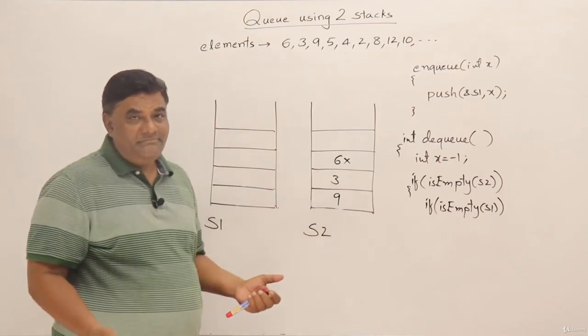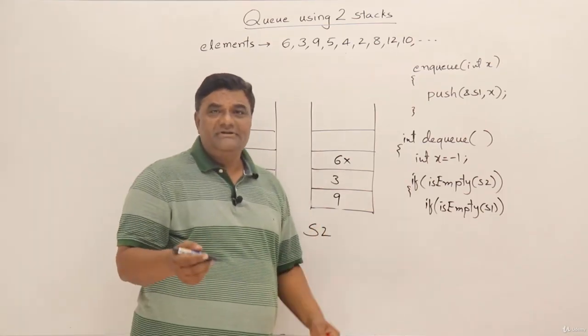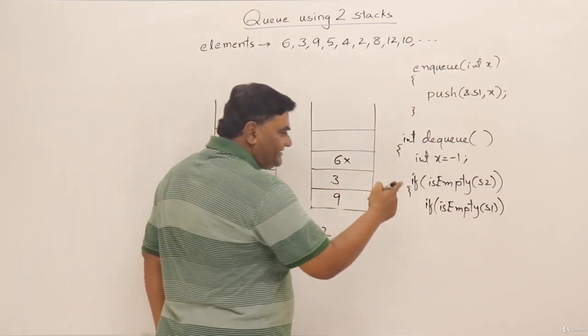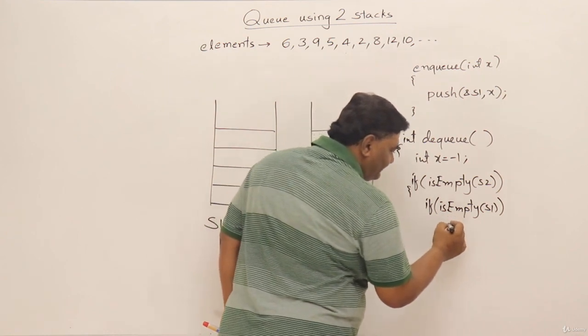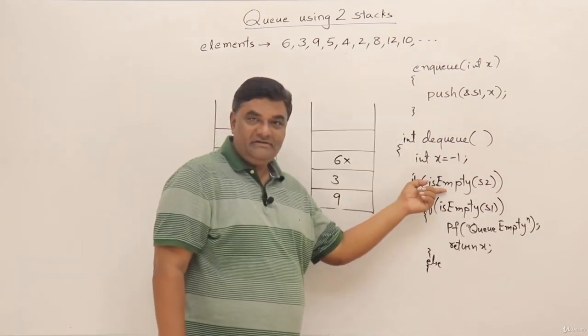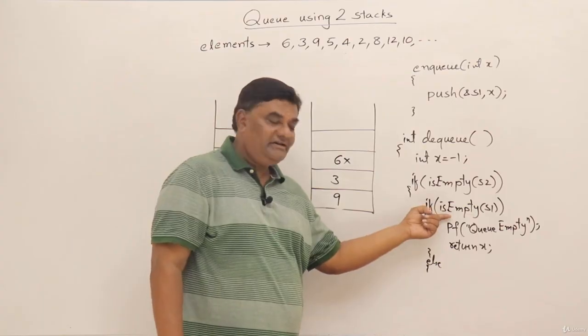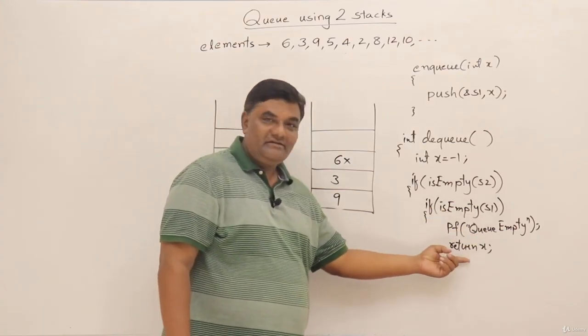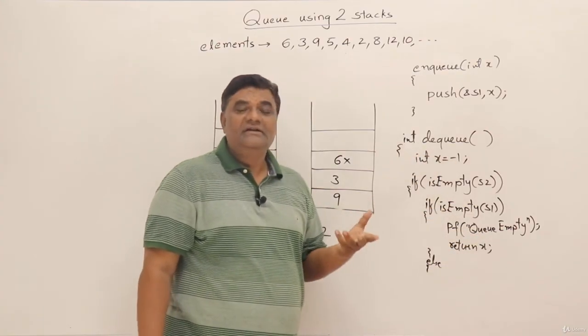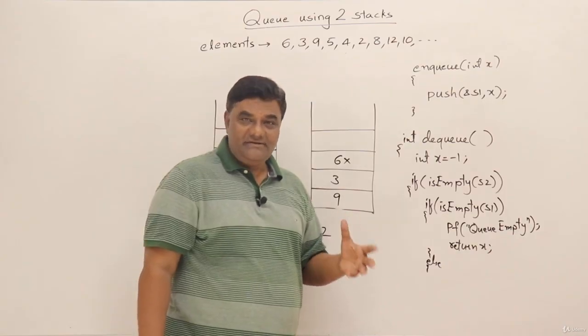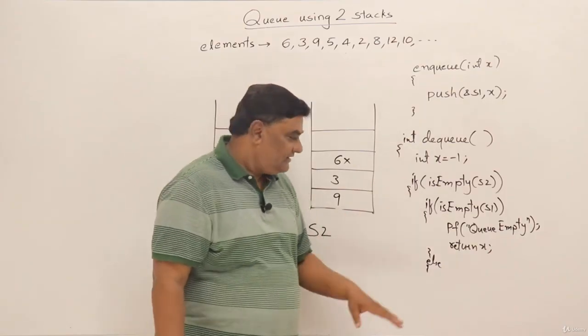If S1 is also empty and S2 is also empty, both are empty, which means Q is empty. So I will give a message that Q is empty and return X, so that X will be -1, meaning elements are not there, Q is empty. That's why we return -1.